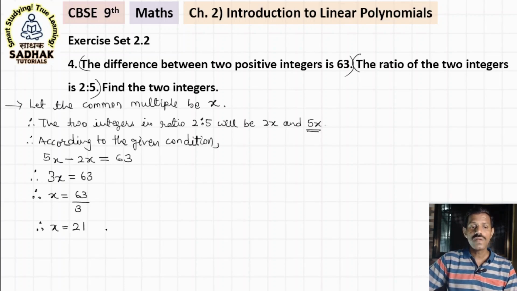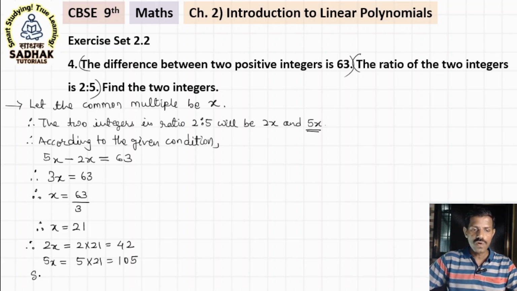Okay, so here we got the common multiple. Therefore 2x will be 2 multiplied by 21, that is 42. Okay, and 5x will be 5 multiplied by 21, that is 105. Okay, so these are the two integers that were asked for.